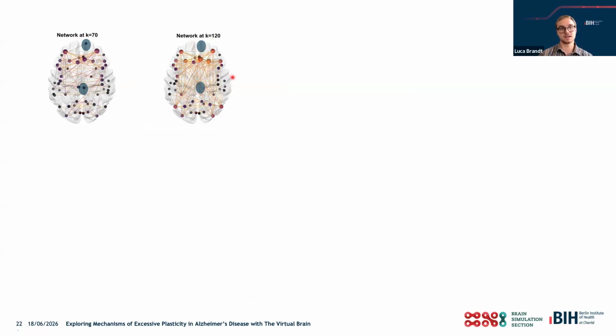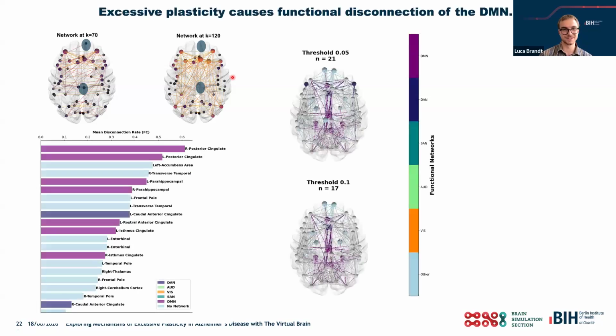And then we ask, is there any spatial overlap with functional networks that were reported in Alzheimer's disease? And surprisingly, there is.